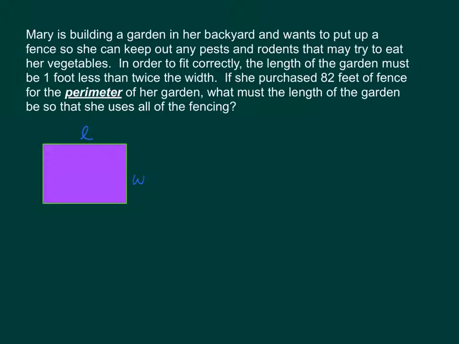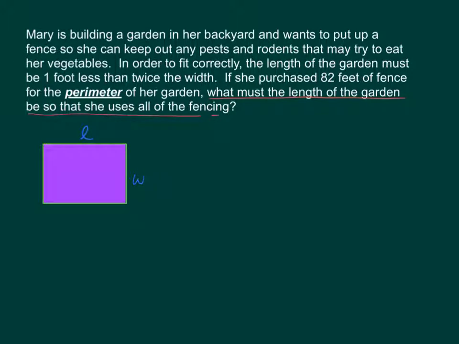In this example, we have to decode some plain English into mathematics. And before we even do that, I want to define what I'm trying to find. The first thing that I'm trying to find is what must the length of the garden be so she uses all of the fencing.